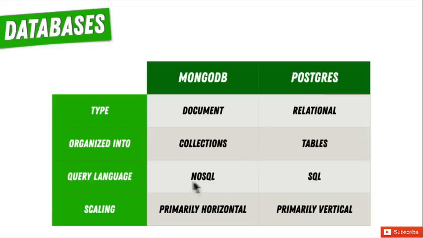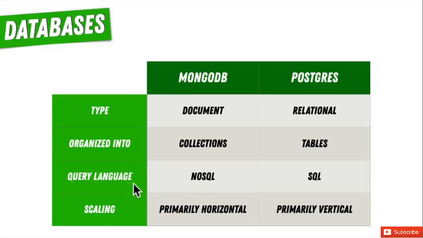Whereas NoSQL databases basically don't use SQL. Their query language is not SQL, hence the NoSQL. They often have their own specialized ways of talking to the database and to query for certain types of data. Because of this, you can think of NoSQL databases as those that are specialized for certain tasks.